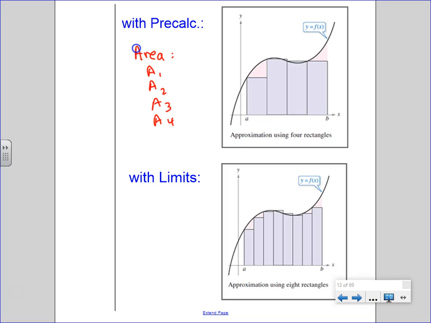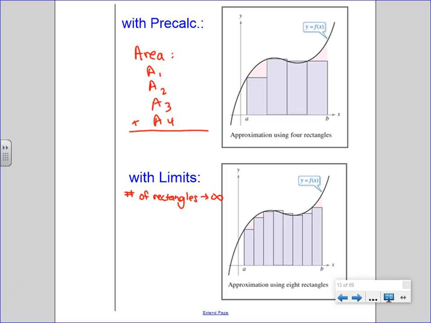You can find an approximation by adding together a few rectangles. But how do you make it precise? How do you actually approach the actual area? You have to increase how many rectangles. The number of rectangles approaches infinity.